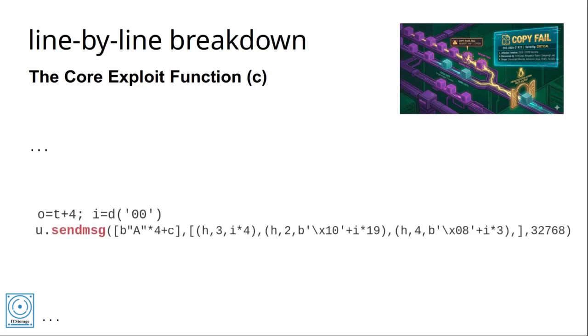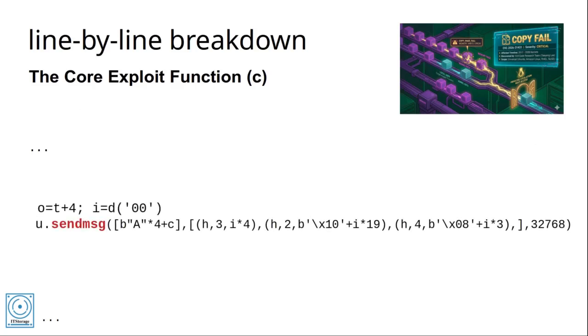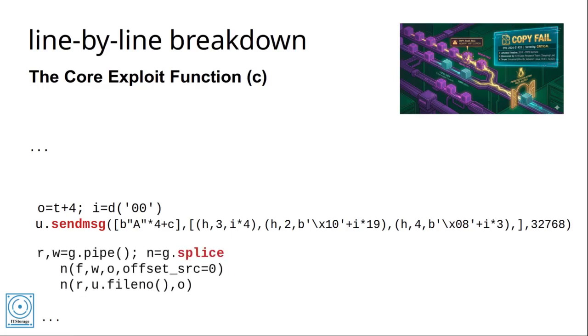Sendmsg. This sends the malicious payload c into the kernel's crypto buffer. The payload is the small chunk of code that will overwrite the real /usr/bin/su. Splice. This is the critical part. The splice system call moves data between two file descriptors, like a pipe and a file, without copying it to user space, your actual Python program.